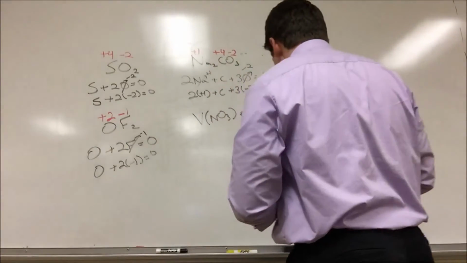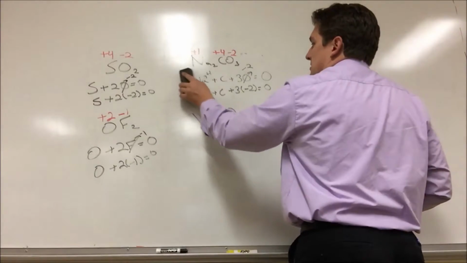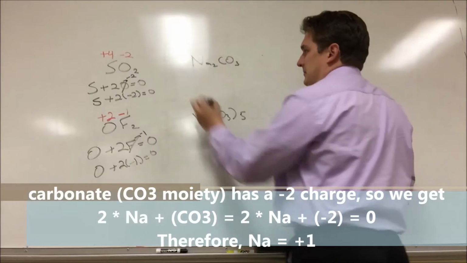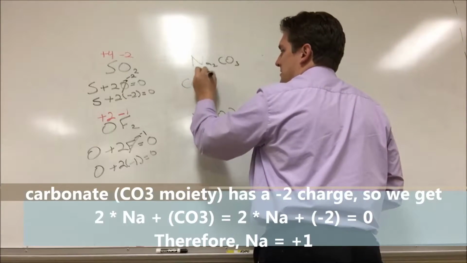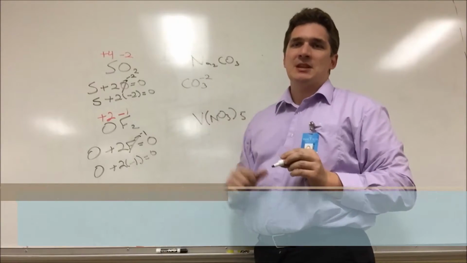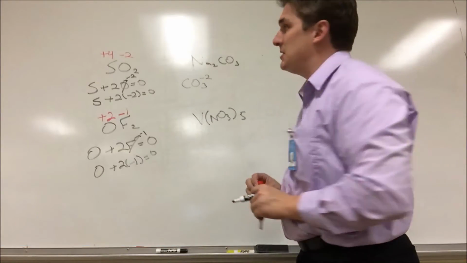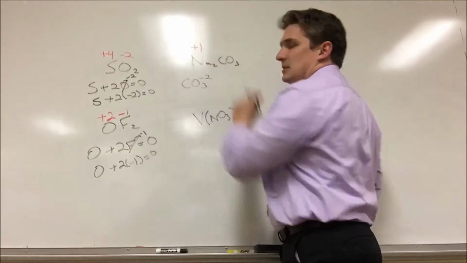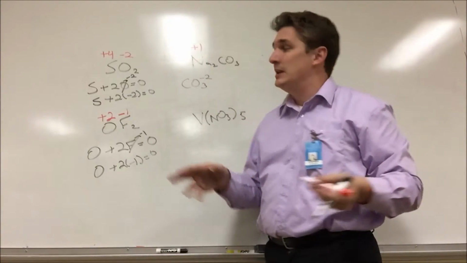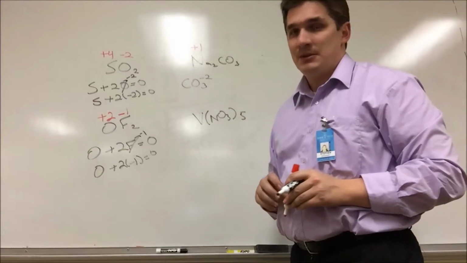So if you know your polyatomic ions, there's another way you can solve this. Carbonate, CO3, has a -2 charge. That tells us that the 2 sodium atoms had to compensate for that -2 charge, and they'll do it by each taking a +1 charge. If each sodium is +1, there are 2 of them, that's +2. That cancels out the -2 in carbonate.